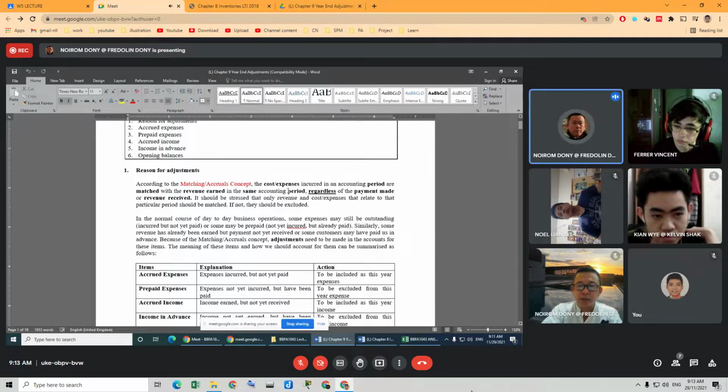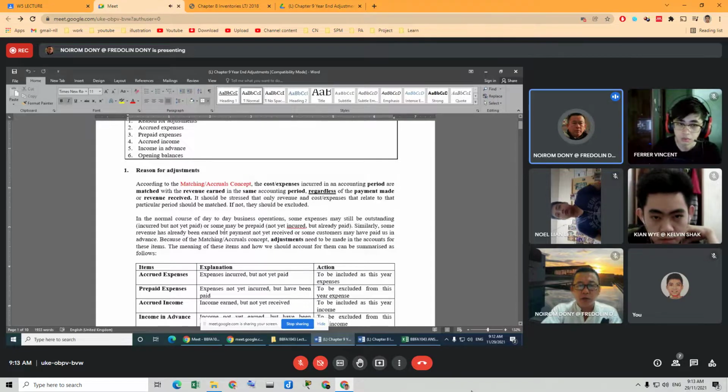The costs and expenses incurred in an accounting period are matched with revenue earned in the same accounting period, regardless of the payment made or the revenue received. So that is matching. It should be stressed that only revenue and costs that relate to the particular period should be matched. If not, they should be excluded. Excluded means we have to reduce the expenses or reduce the revenue. Okay, so that is the reason.